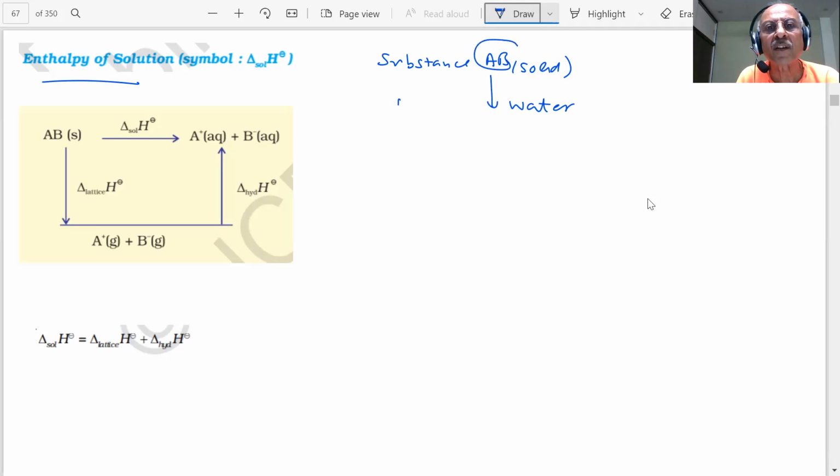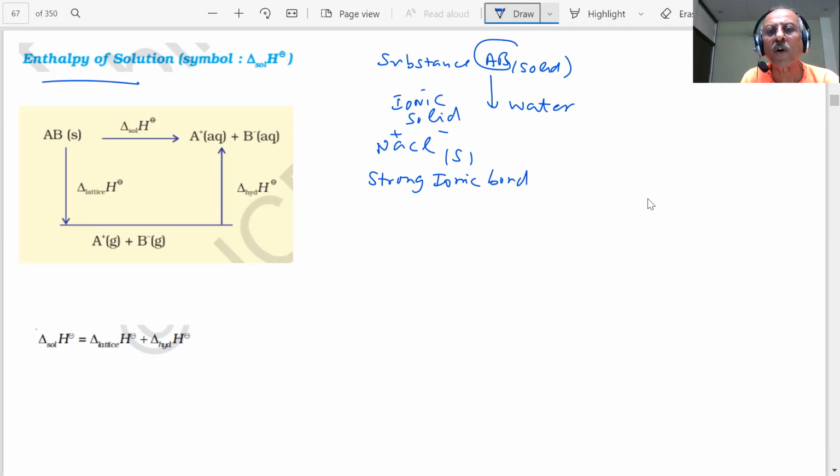If I consider this is an ionic solid, like NaCl, it is held by strong ionic bonds, so there are strong inter-attractive forces in them.